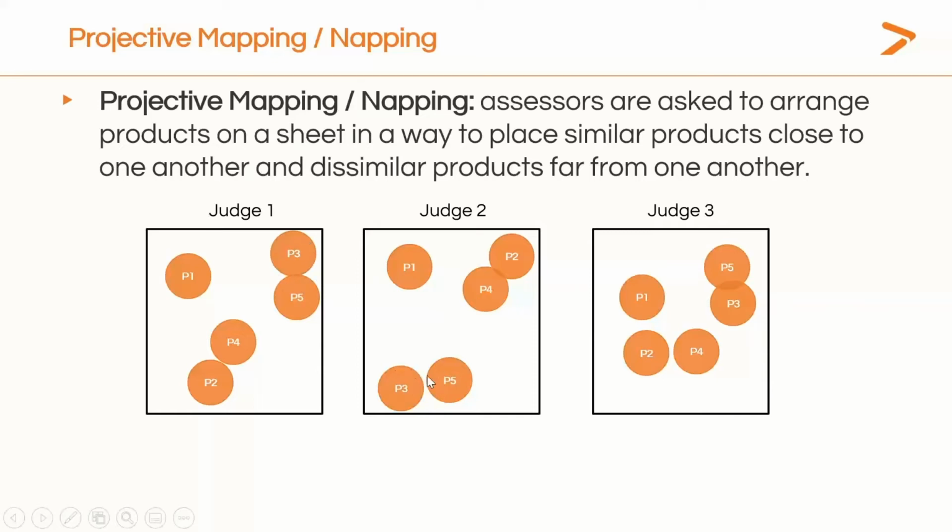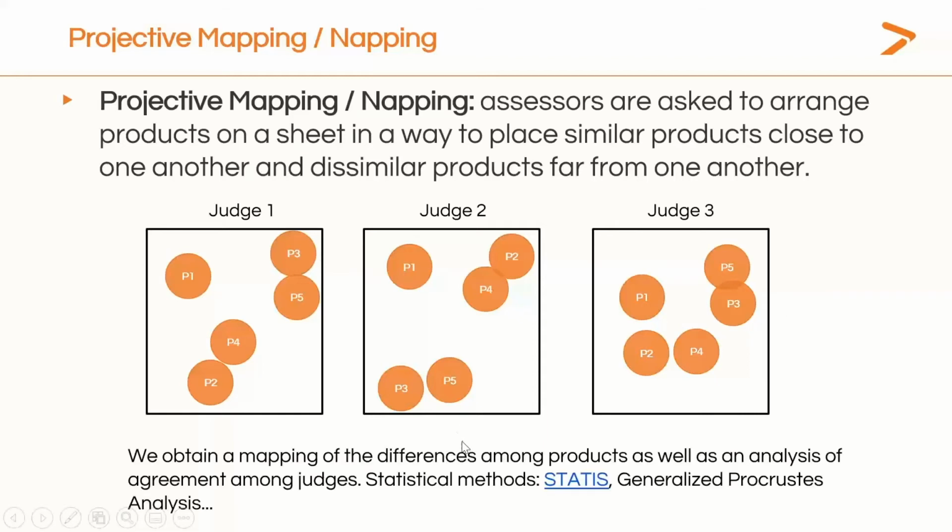Here they were clustered at the bottom left part of the map. And here they were clustered once again on top right. But we see here that the wines are more clustered in the center of the sheet. So statistical methods such as STATIS will help eliminate these different distortions proper to each and every judge to produce one synthetic map of all the distances between products.